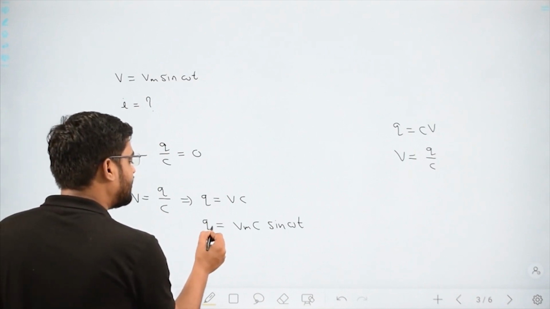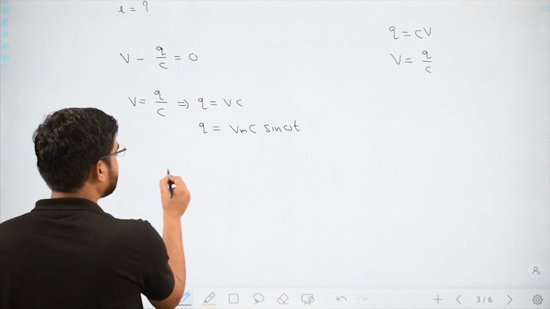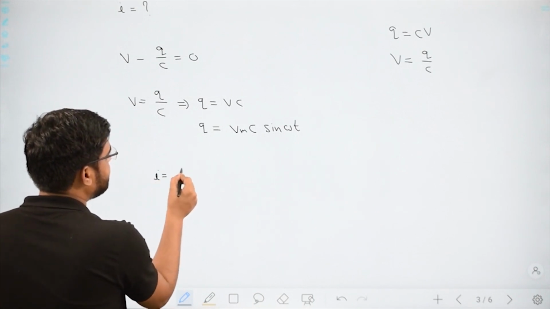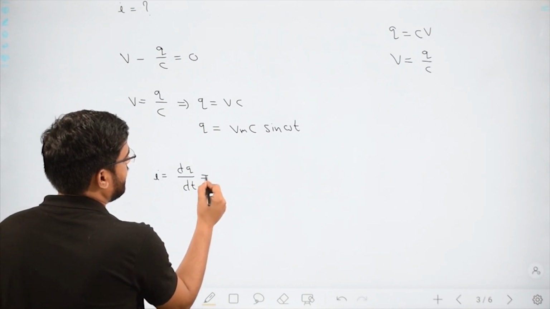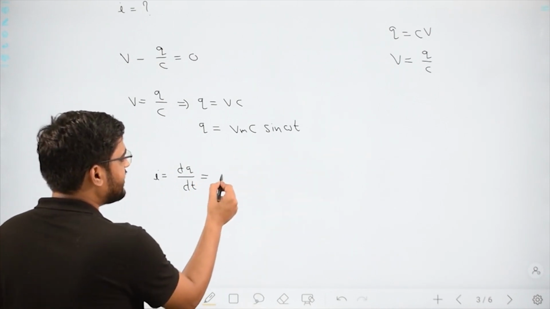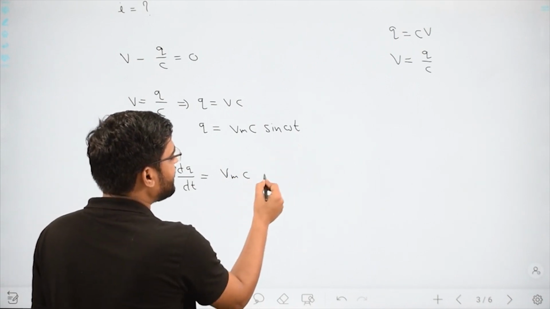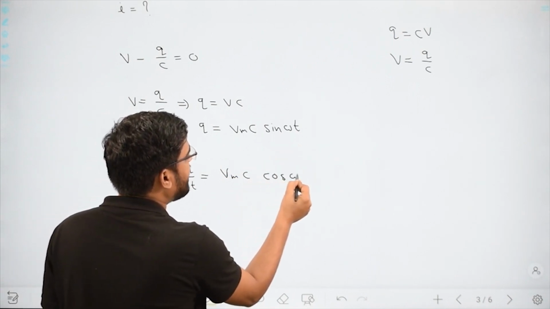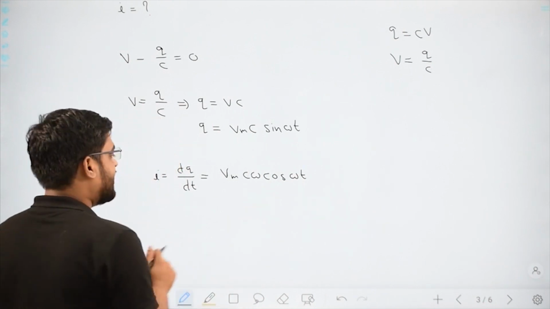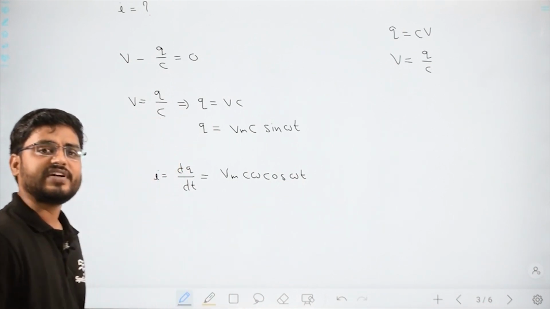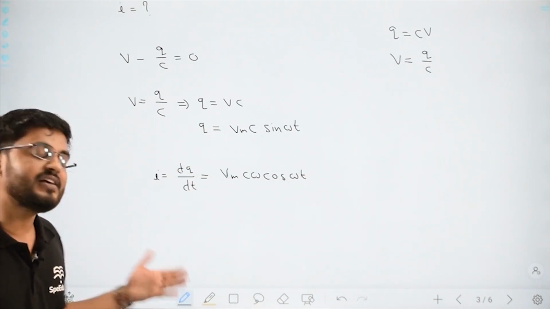And now to find the current, I am simply differentiating it. I know that current is dq by dt. What is the differentiation of this? Vm C remains here, and differentiation of sine omega t is cos omega t into further omega. But remember we were saying that I is sine omega t. We have to make something in a form like this.